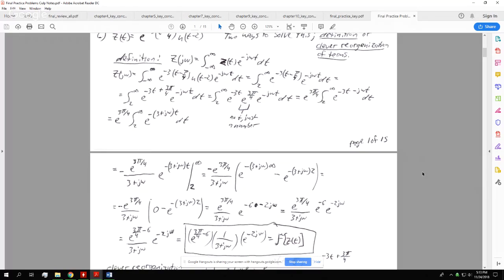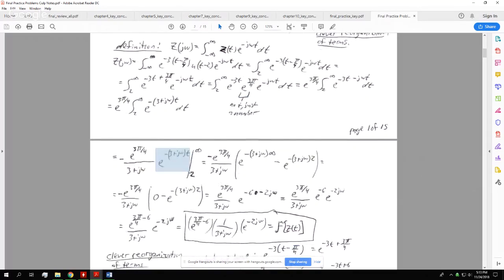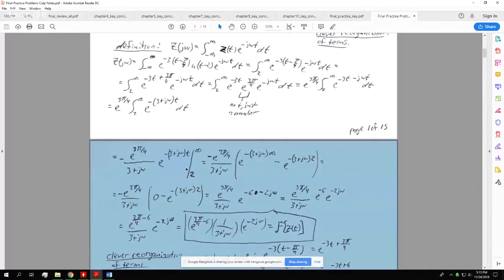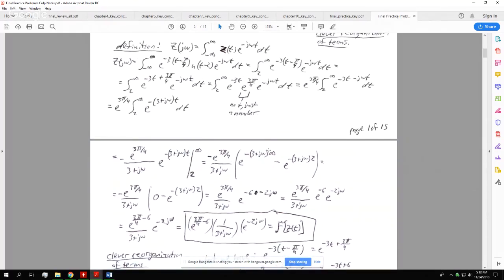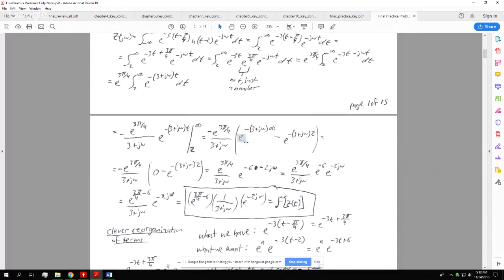And then I'm just going to evaluate my actual integration at the two endpoints, 2 and infinity, and just plug and chug. So I have my infinity here and my 2 here. It turns out that this exponential evaluated at negative infinity becomes 0. So I have that here.